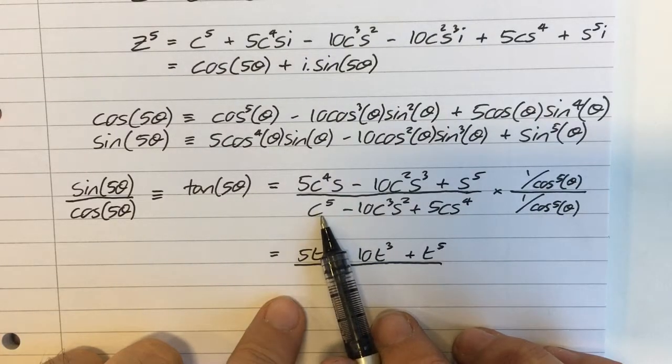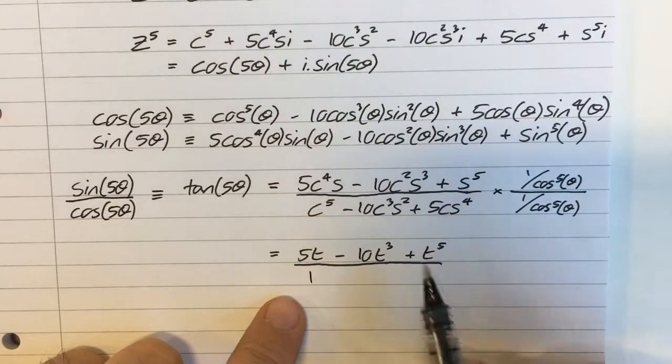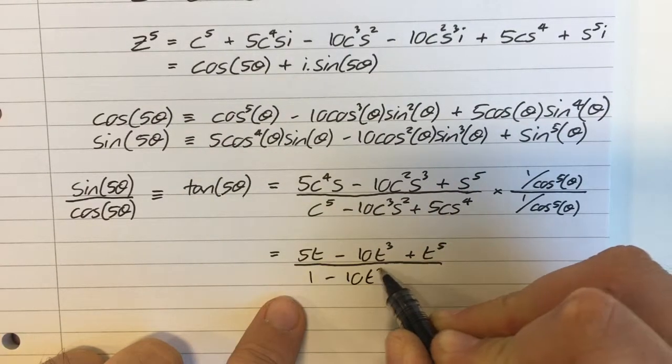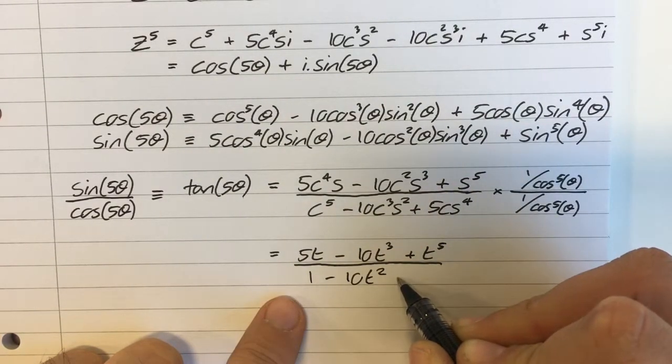Similarly on the bottom, that's going to be the number 1. That's going to be tan squared, and that's going to be tan to the 4.